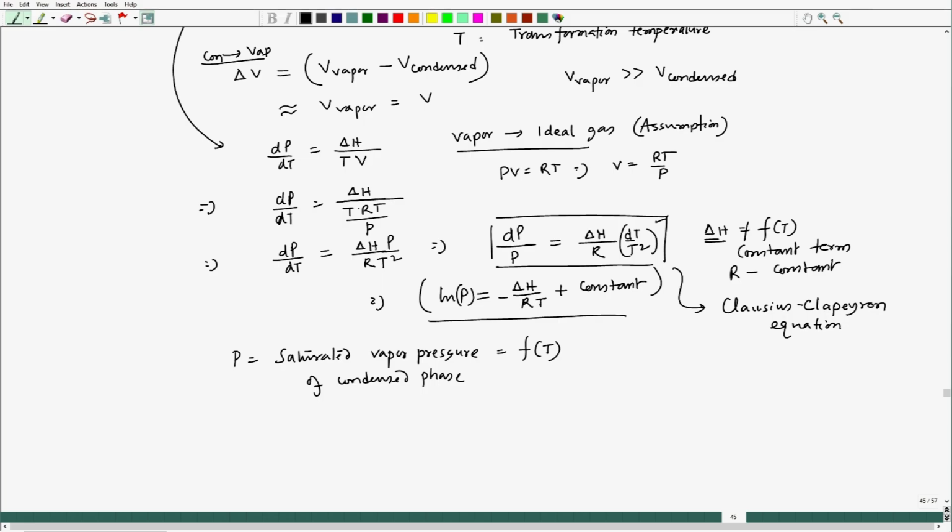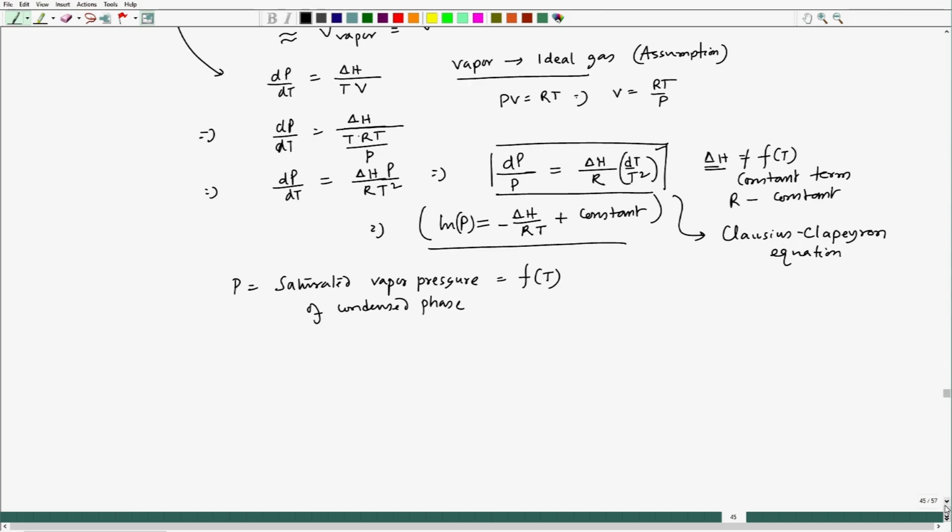In that case we can use Kirchhoff's equation, where I can write delta H at any other temperature T, for water, starting with 298 plus del Cp, which is the Cp difference between the condensed phase and the vapor phase, times T minus 298. We are starting from 298, which is the reference value.